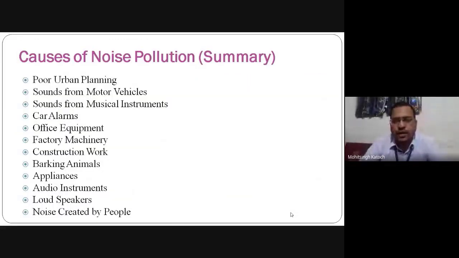Apart from these sources, the machinery used in agricultural activities and the defense equipments used on borders as well as in testing ranges contribute to noise pollution as well.